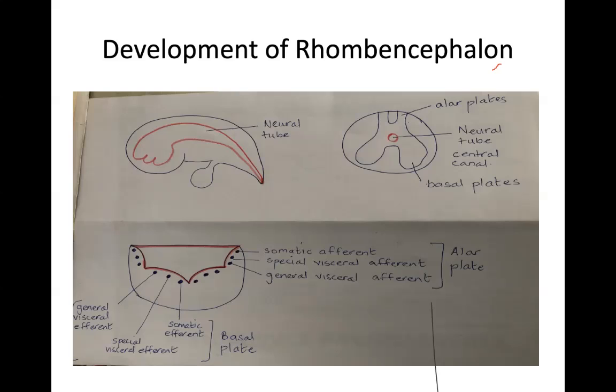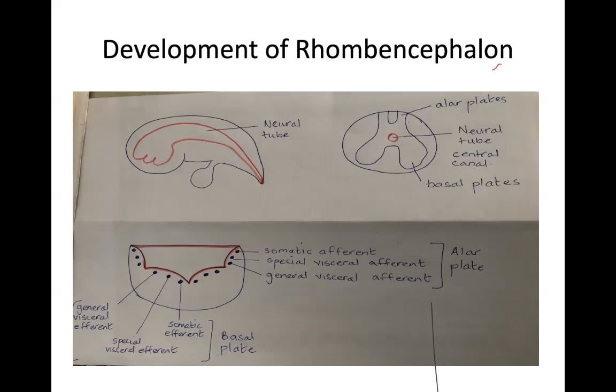We identified two areas of consolidation where the alar plates will form on either side the sensory horn, or the posterior horn of the spinal cord, and the basal plates will form the anterior motor horn of the spinal cord.